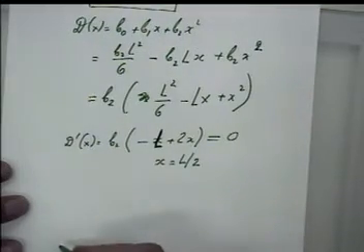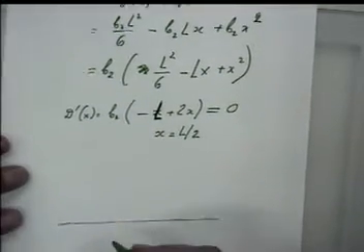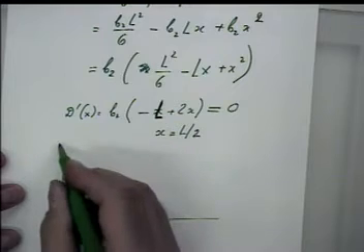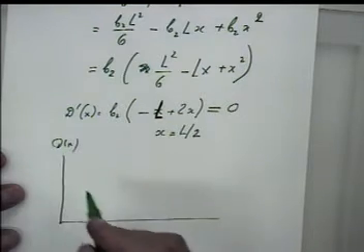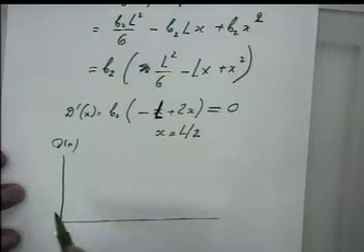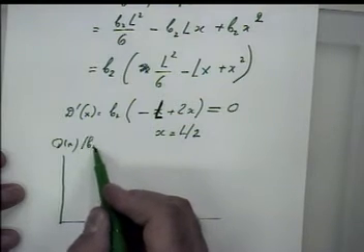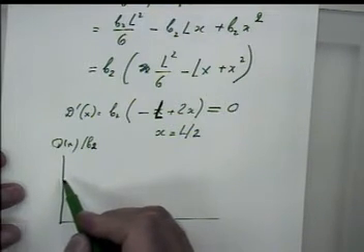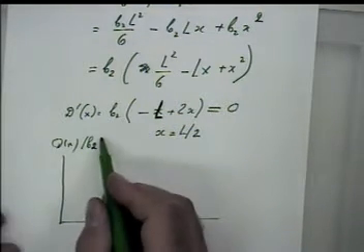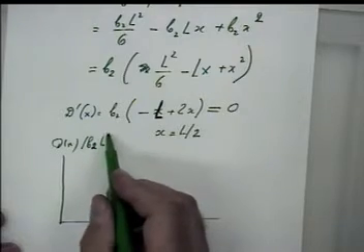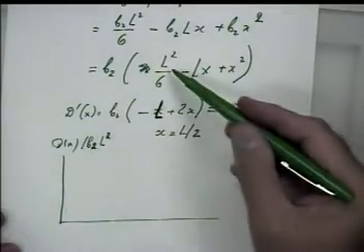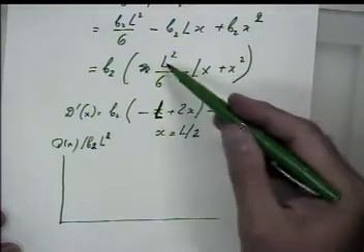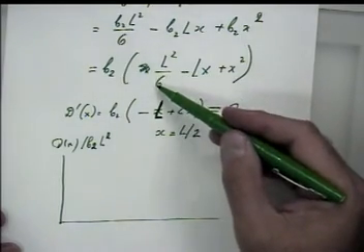So that is a symmetric function. So d of x divided by b2 L squared I can calculate. So when x equals 0, then it is 1/6.